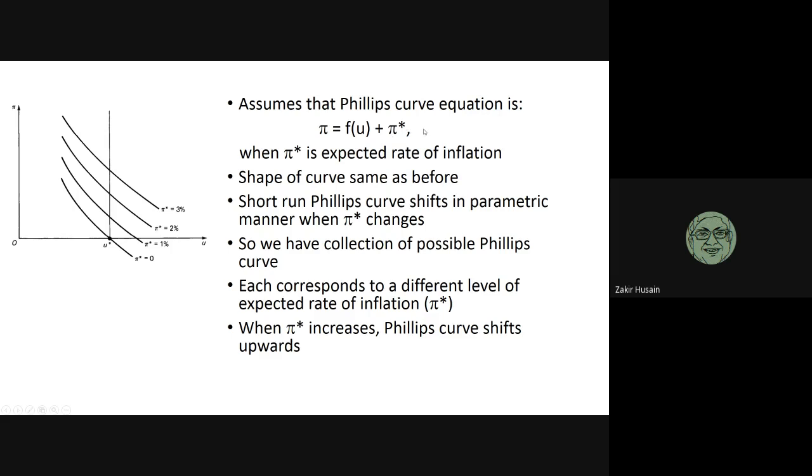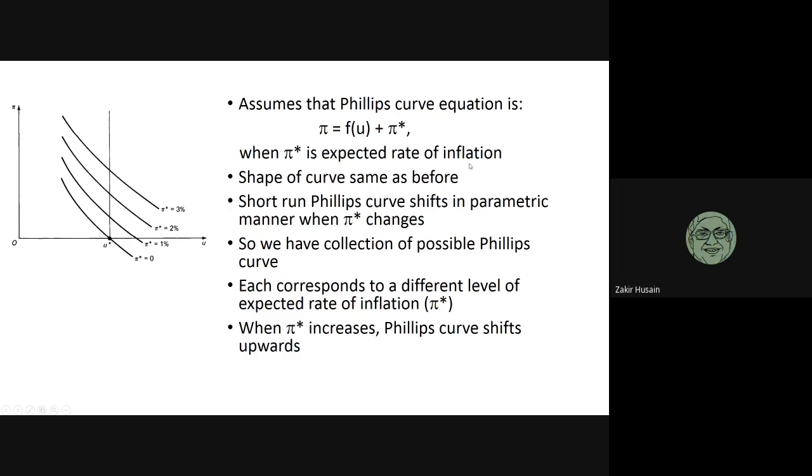Okay. So the Phillips curve equation is, according to Lipsey and others, pi equal to f(u). Friedman and Phelps included an additional term pi star, which is the expected rate of inflation. So this equation means that the shape of the curve is unchanged, but you now have an intercept term which can vary.